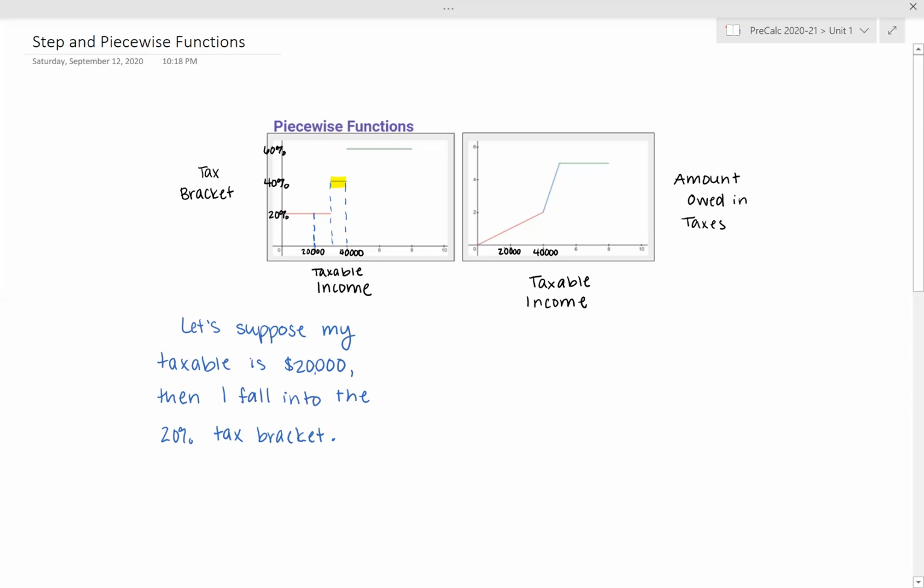That amount, it's not going to necessarily be the same from 20,000 to 20,001, right? That amount of owed taxes is changing. So again, I'm just making up numbers here. Let's say that this 2 is $5,000 and this 4 we'll say represents $10,000.